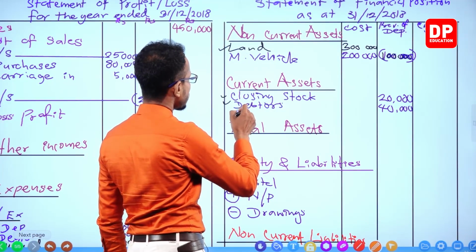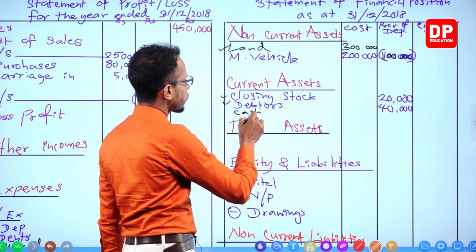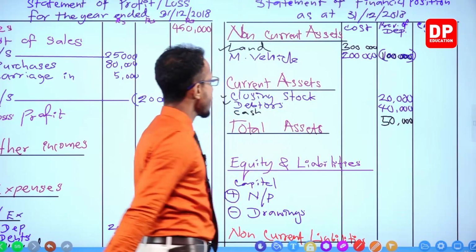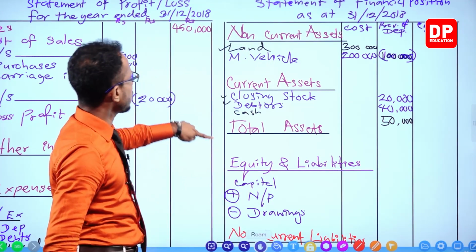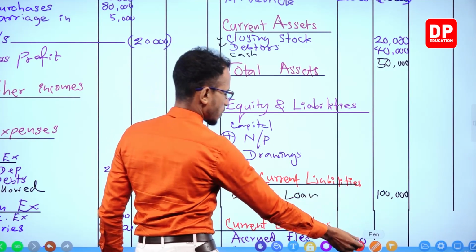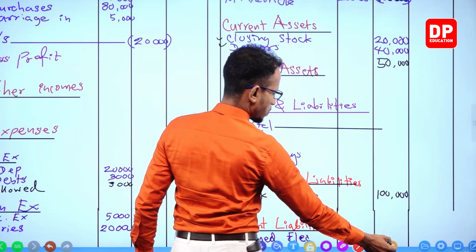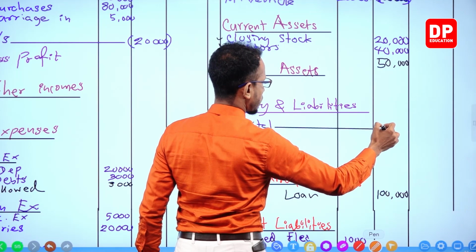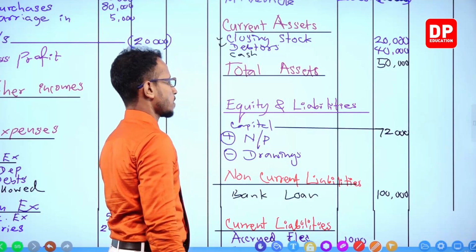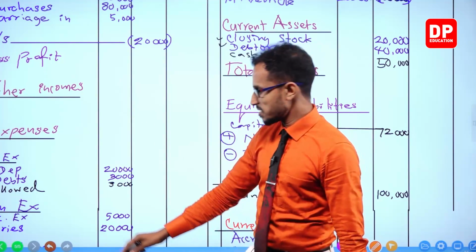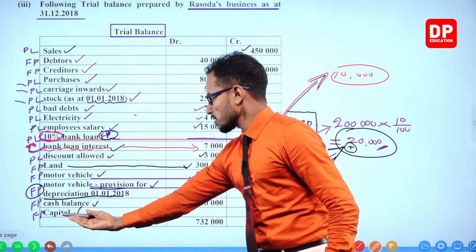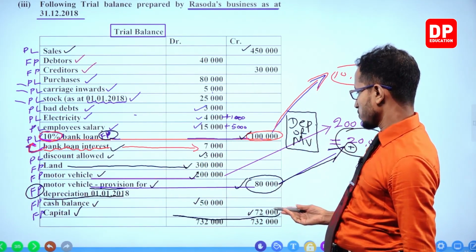Cash balance is the last item of current assets, and capital is right here, in the second column, 72.